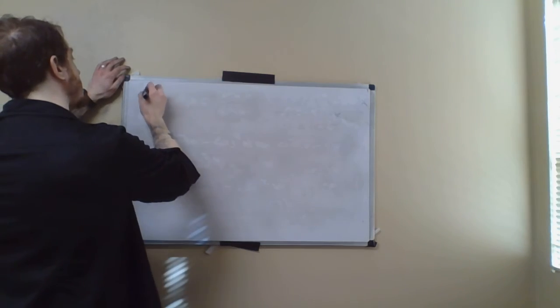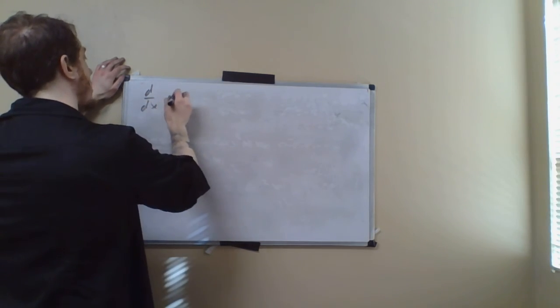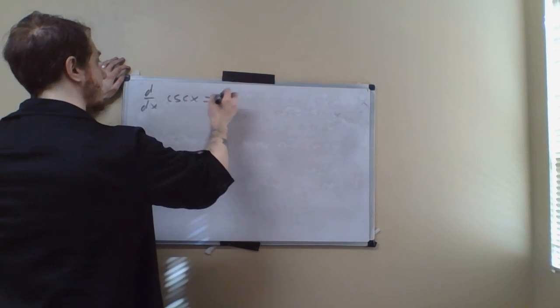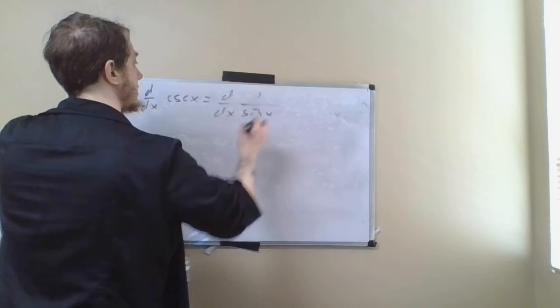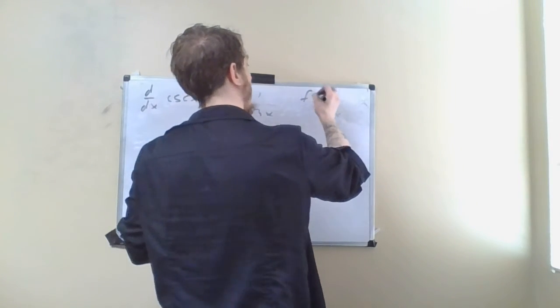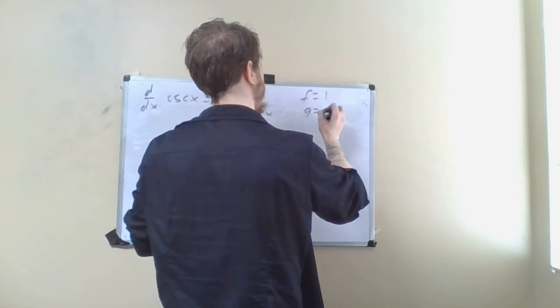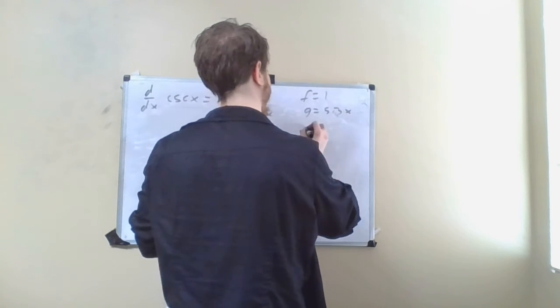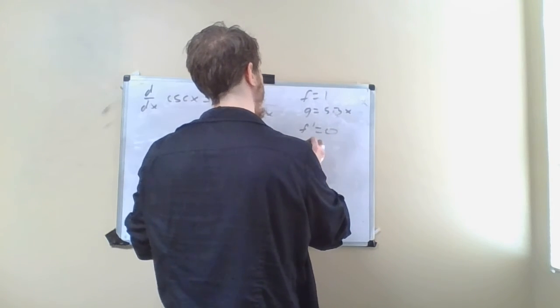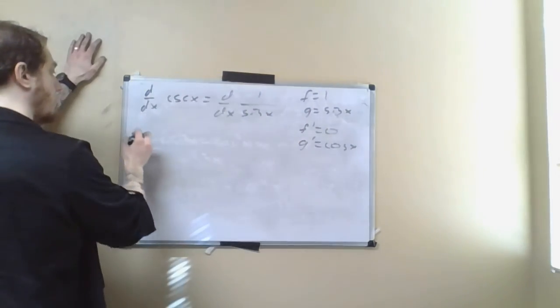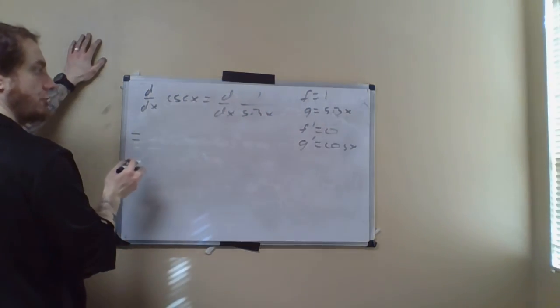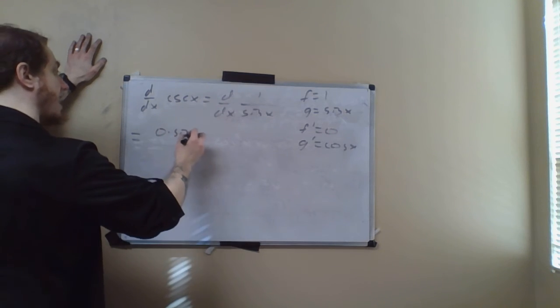So if I wanted to do the derivative of cosecant x, this is the derivative of 1 over sine x. So I can say, well, f is equal to 1, g is equal to sine x. F prime is 0, g prime is cosine x. So f prime g is just 0 times sine x.